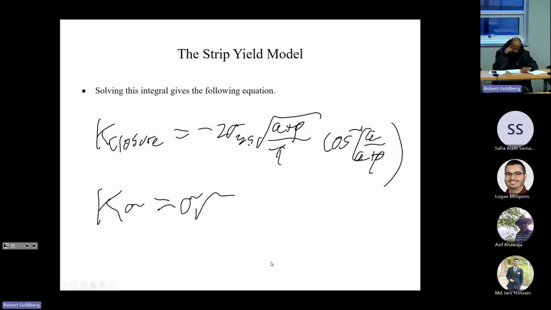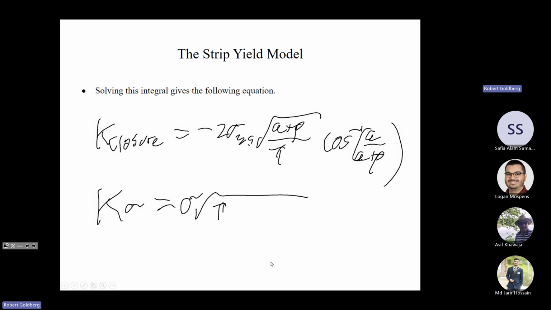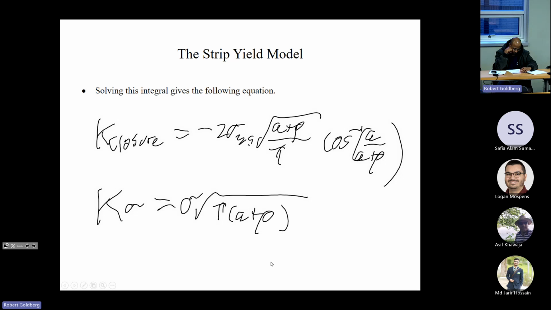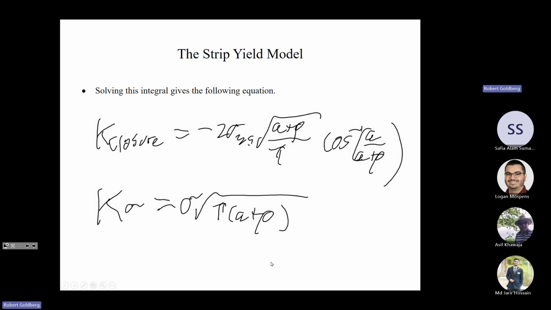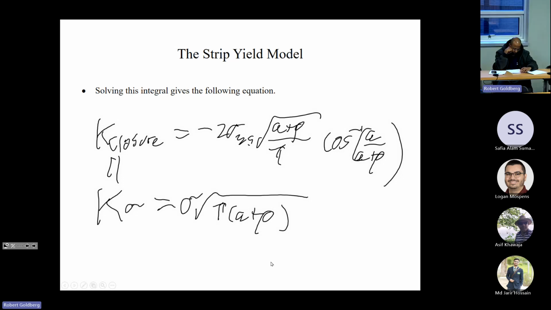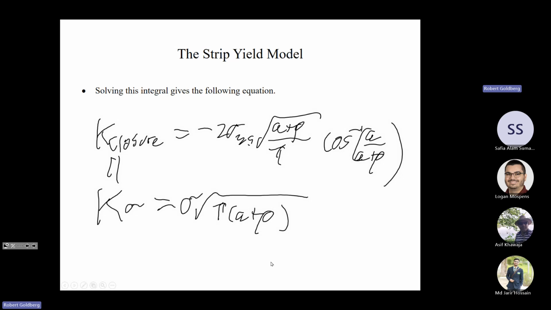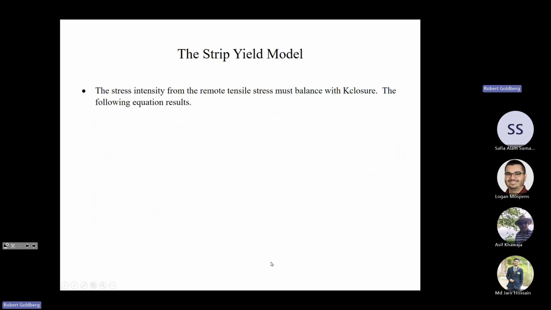So it's just sigma times the square root of pi times (a plus rho), where we're replacing a with a plus rho. So we have to set this equal to this, and we have to solve.